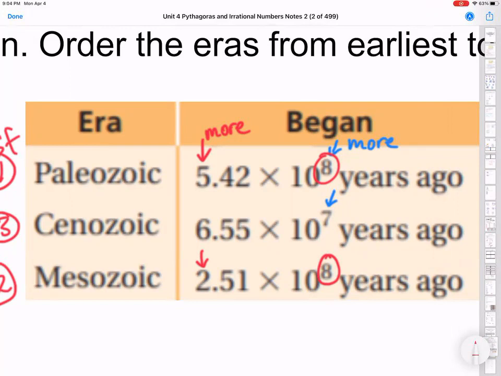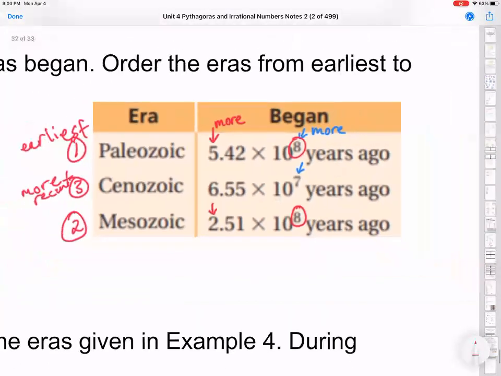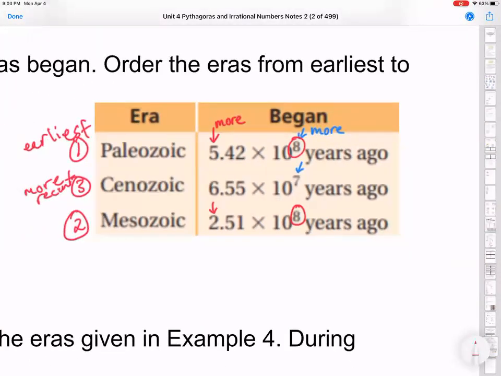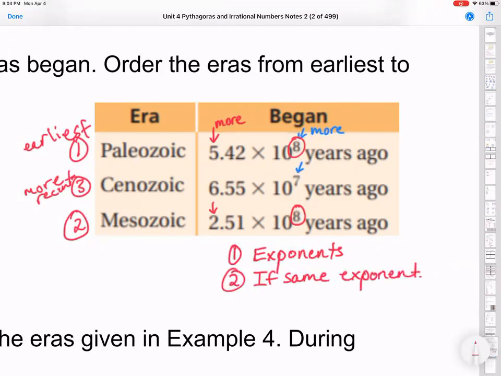So you always want to start by looking at your exponents, seeing which ones are the biggest versus the smallest. And then step 2 is, if you have the same exponent, you want to compare your integers.